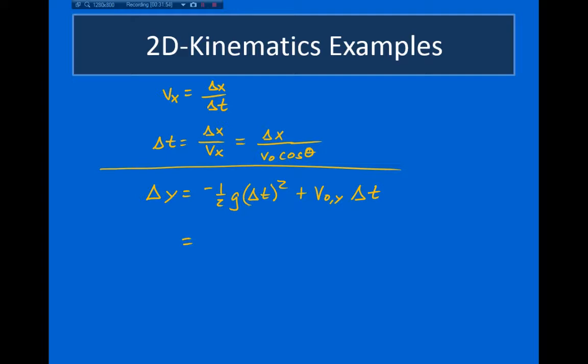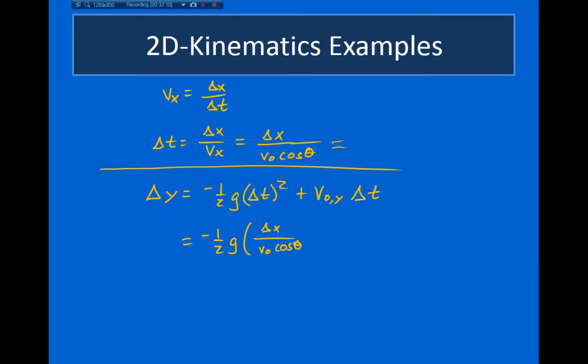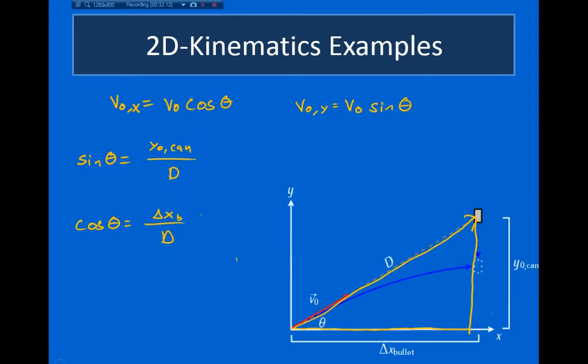So let's see. Here we have minus 1/2 g. And over here we have delta x divided by v naught cosine of theta. Actually, before, let me simplify this a little bit further. I can rewrite this: cosine of theta is equal to delta x over d.